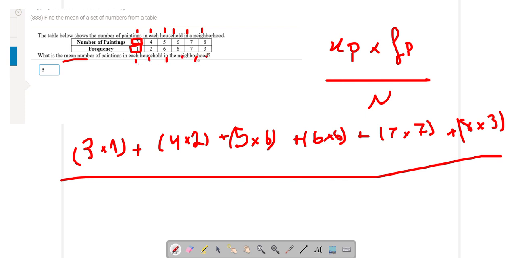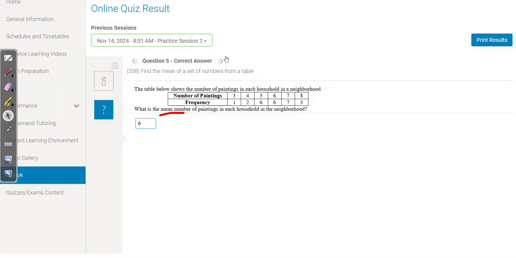Hold on, I'll calculate that. 25. If you plug it in your calculator, you should get 6, and I'll double check. 3 plus 8 plus 30 plus 36 plus 49 plus 24. Divide that by 25, and yes, you get 6. Next question.